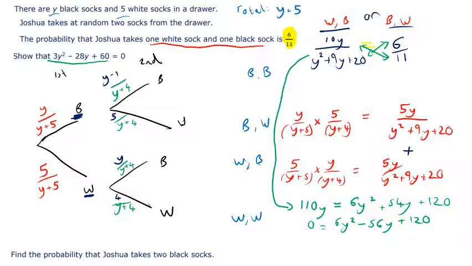To get from this to what it said in the question, all we need to do is divide by 2. And voila, we have got to what we wanted to get to. I'm going to show you part B on the next slide.